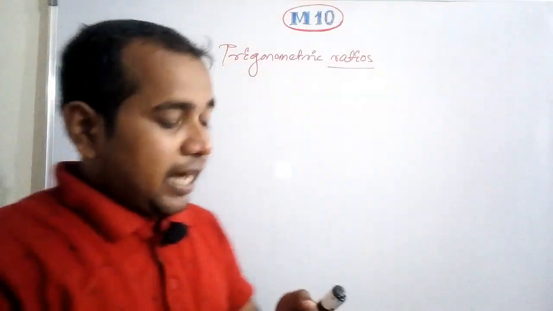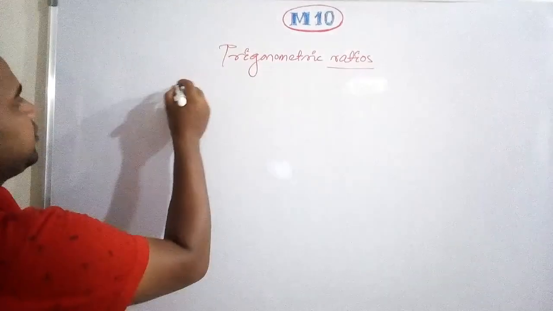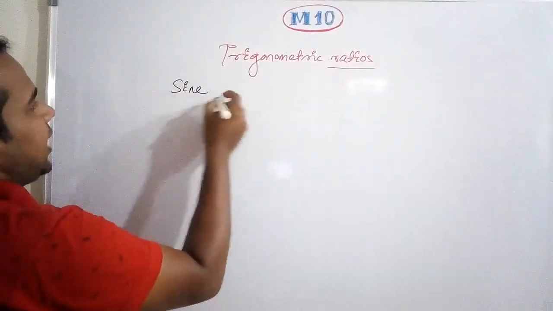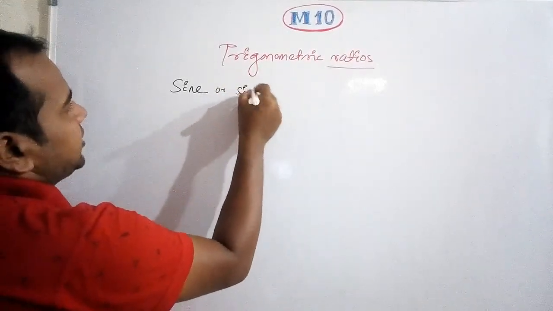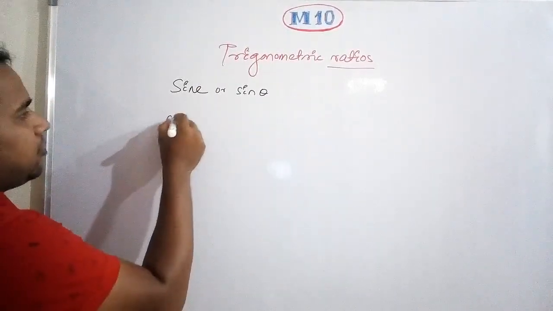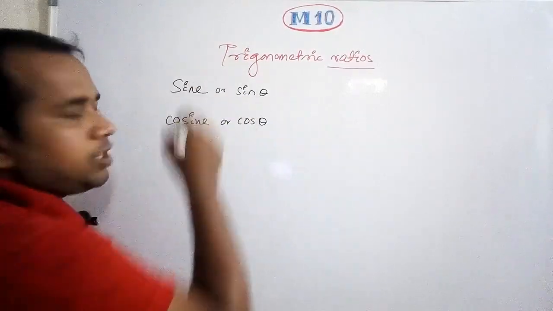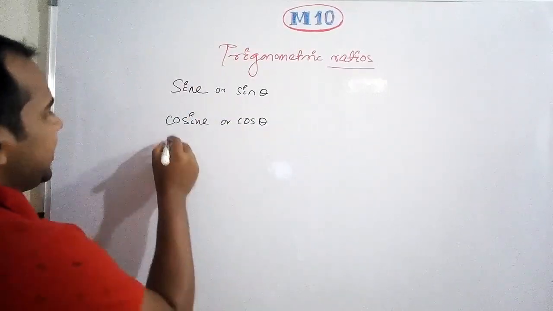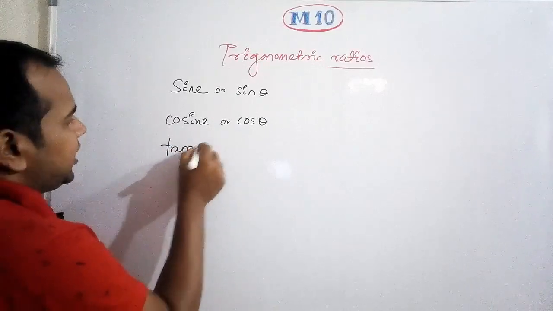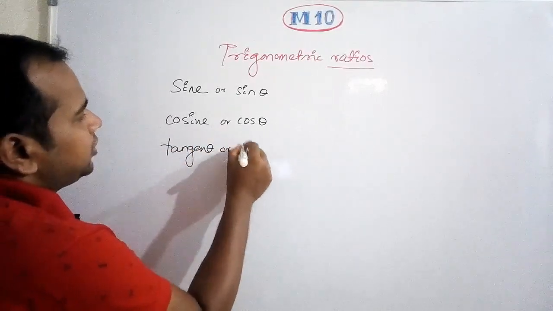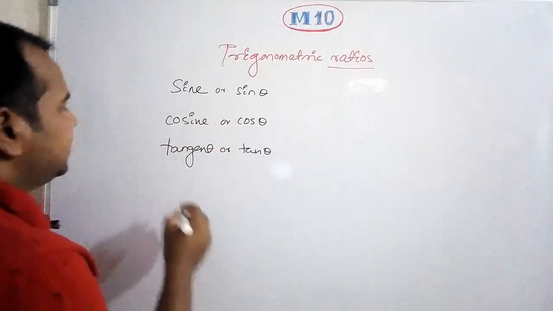Now, let me write all the 6 trigonometric ratios first. First one is sine, which is written as sin theta. Next comes cosine, which is written as cos theta. Next is tangent, which is written as tan theta.